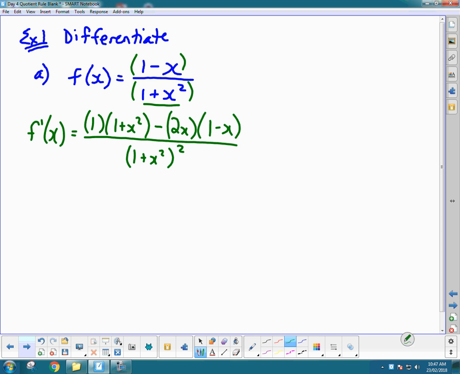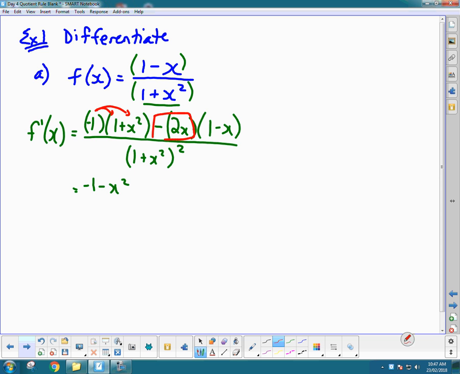Again, there's our calculus. Now we're just going to simplify. Oh, I think I said negative 1 when I took the derivative of the top. It is negative 1 there, so make sure you update your notes. I'm going to distribute that negative 1 in here. So it's minus 1 minus x squared. And on the other part, this is what's going to be different. I'm distributing 2x, sure, but it's a minus 2x.